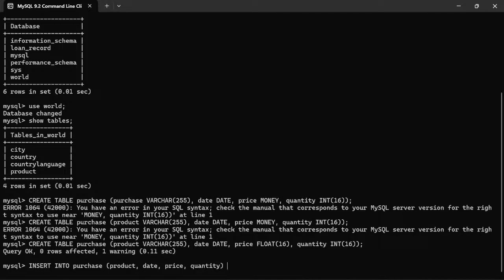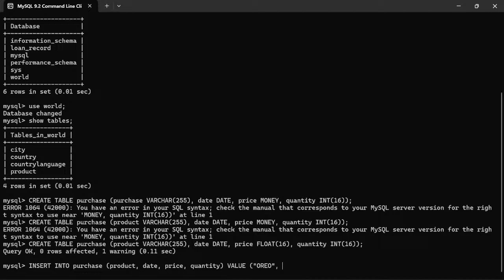Yeah, that's fine. So values are, what is the product? Okay, first product is, let's say, Oreo. Okay, and it should be written in quotation marks.